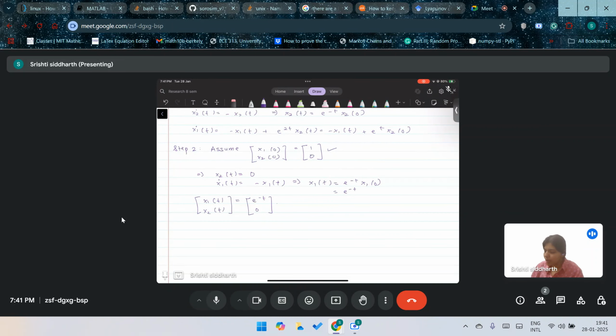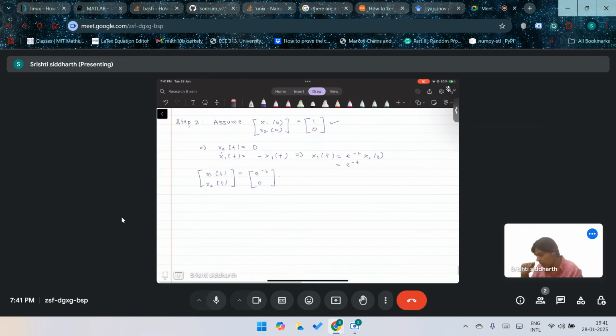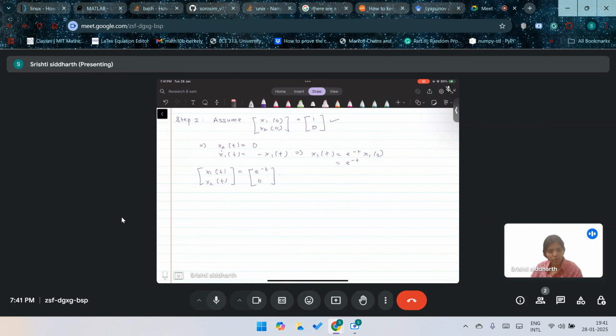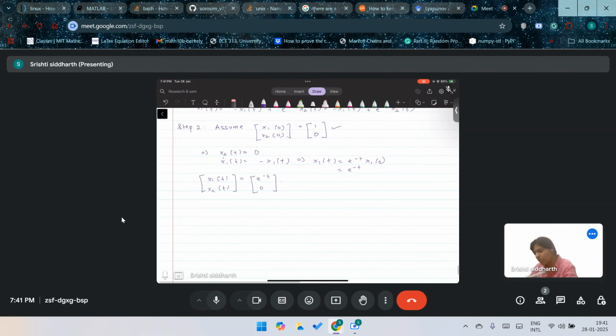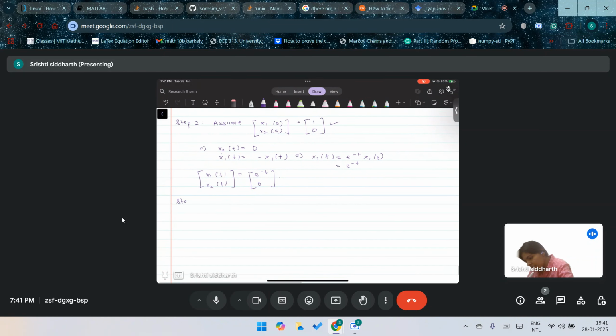Okay, so for the fundamental matrix we need to assume two initial conditions which are linearly independent. So in step 3, let's assume some other initial conditions. So assume x1(0) and x2(0) to be something else. So let's say this is half comma 1.